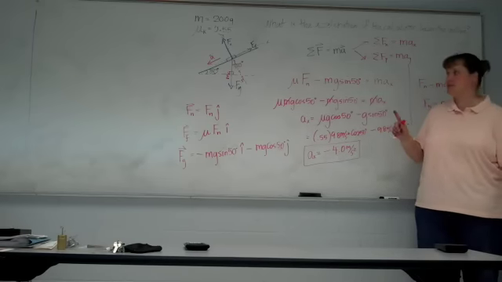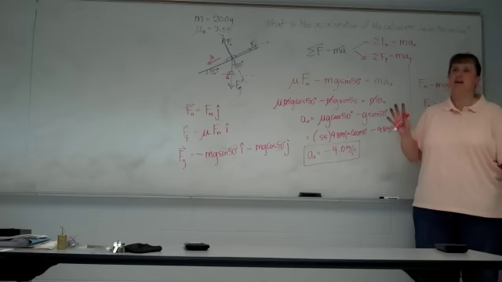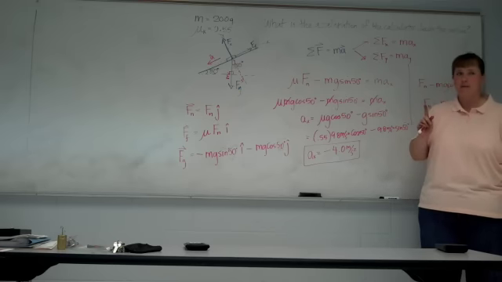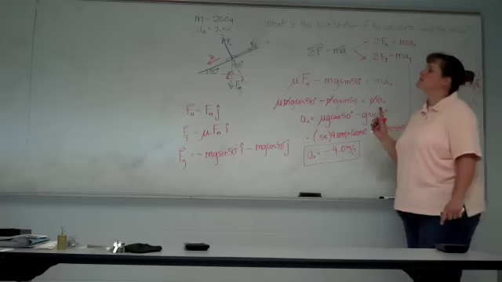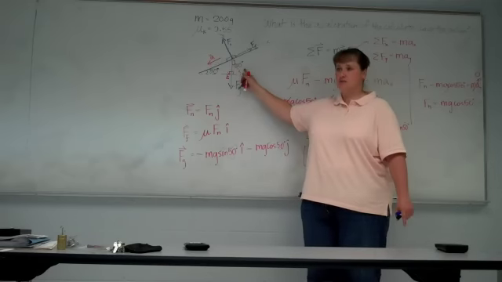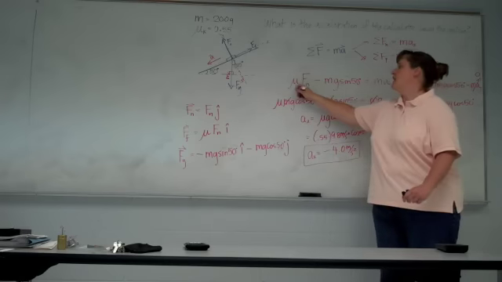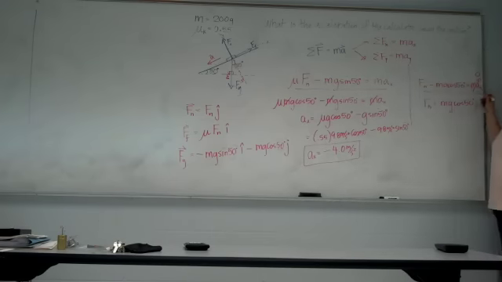A lot of people psych themselves out and just talk themselves out of knowing how to do a problem without really trying. I want you to make me a promise. You're going to draw a picture with all the forces acting on it. And you're going to write these two equations in terms of variables.